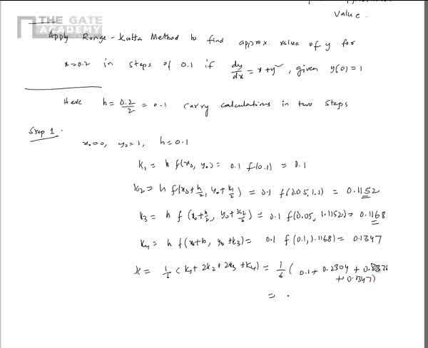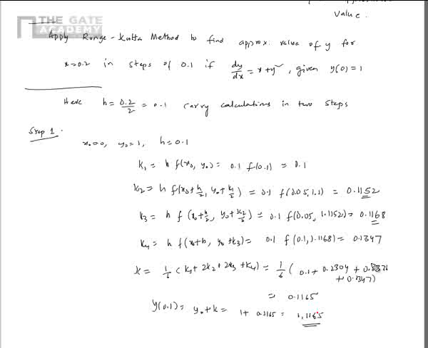So this value comes out to be 0.1165, and therefore y of 0.1 is basically y naught plus k, which is 1 plus 0.1165, 1.1165. Okay, so we have approximated the value at 0.1.